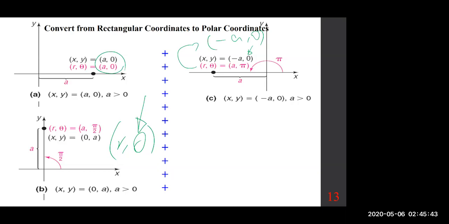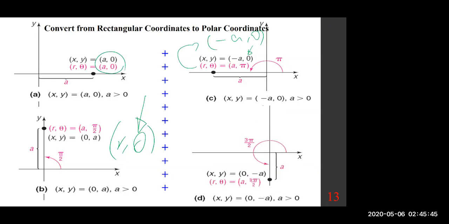Now, what about the negative side of the y? Again, a units down, that means your r is a. We write it as 0 comma negative a using the rectangular coordinate system. But in the polar coordinate system, your r is a, and the angle it makes is 3 pi over 2.